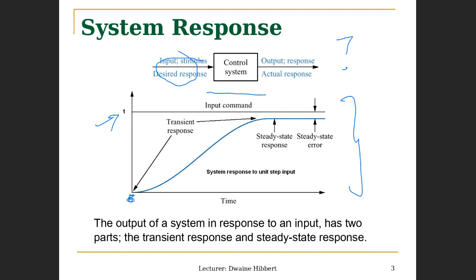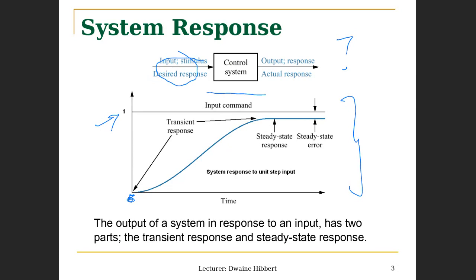And we see the system gradually begins to increase, with a more drastic increase as we go along, and then it tapers off to a flat position, or it settles down to a position. Okay, so we're noting the response of the system's output.